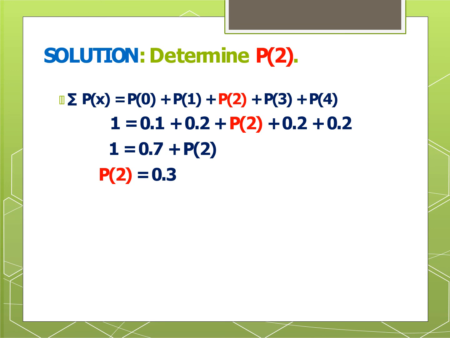So we have 0.1 plus 0.2 plus the unknown plus 0.2 plus 0.2. Add them up, and we get 1 is equal to 0.7 plus the probability if X is 2. Then we subtract: 1 minus 0.7 gives 0.3.